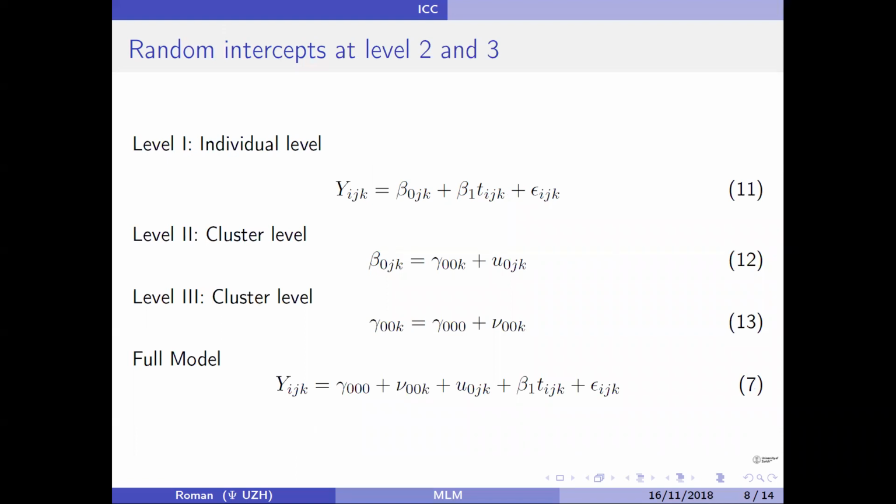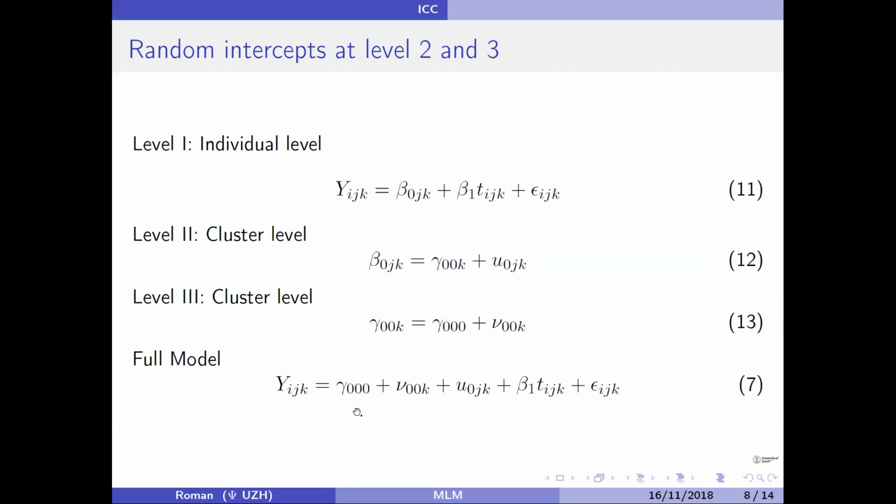And this is very similar to the empty model we use for the ICC, except now we are including a fixed slope of time. So pretty much what we're doing here is saying that all of the participants are varying across time, and we are going to explain the outcome variable here with this relationship in time and accounting for the expected means of each level of clustering.